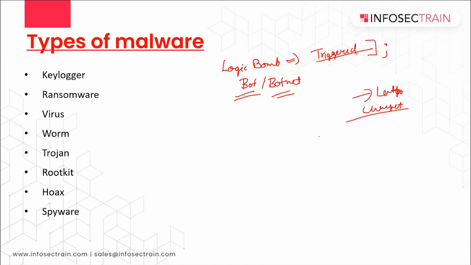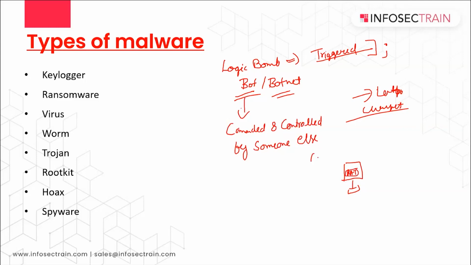A bot is something that is commanded and controlled by someone else. So this will be a system where the attacker installed a kind of RAT, a remote access Trojan.